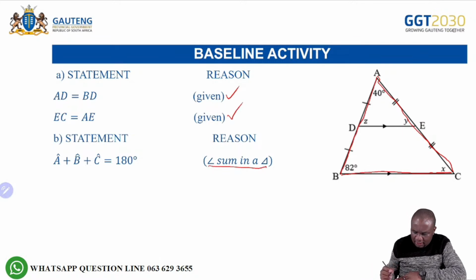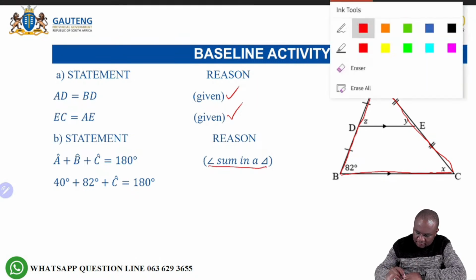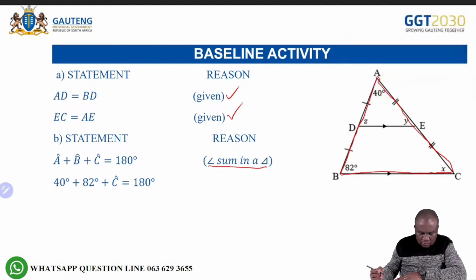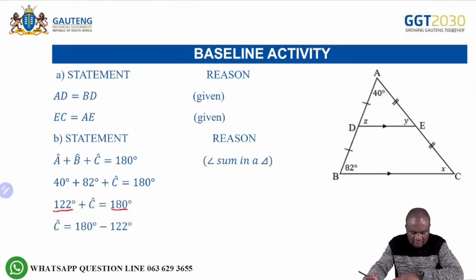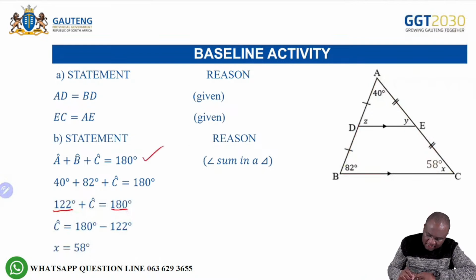Angle A is 40 degrees, angle B is 82 degrees. You can substitute there, and angle C is X, so we can solve for X. We subtract 122 from both sides of the equation, and we get that angle C is 58 degrees. Mark that. Do you have your statement and reason and your answer?